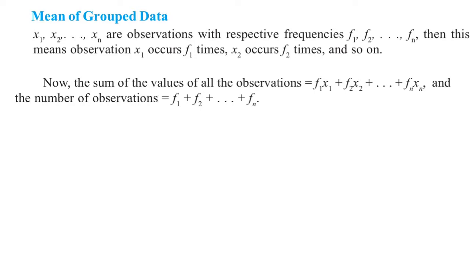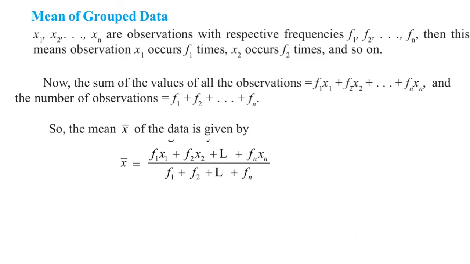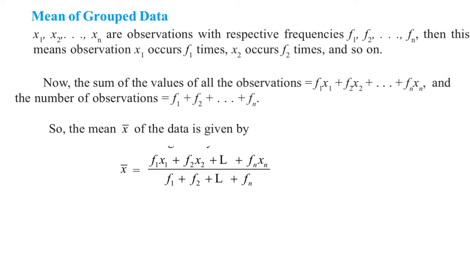You add the frequencies. So the mean x bar of the data is given by the sum of all the observations divided by the number of observations. So how do you find the mean? The sum of all the observations divided by the sum of the frequencies.